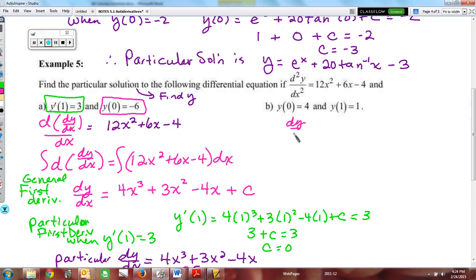The dy/dx is going to be 4x cubed plus 3x squared minus 4x plus c. Now what's different is I don't have any information that is going to help me find c yet. I am just going to go ahead and separate and continue finding another antiderivative.